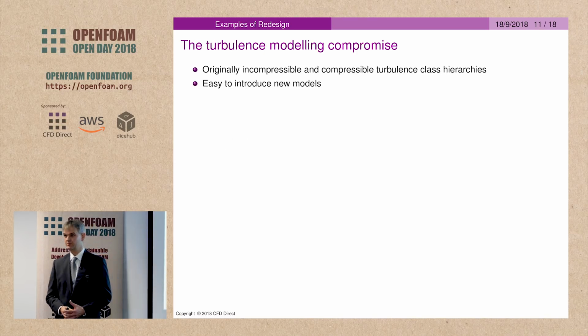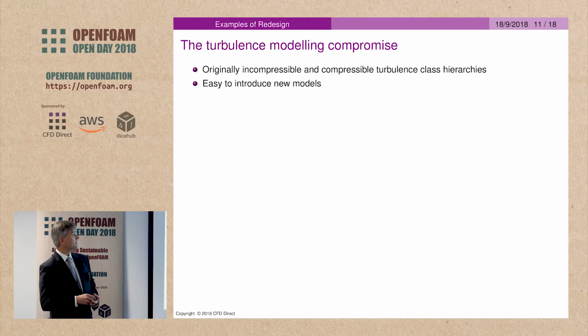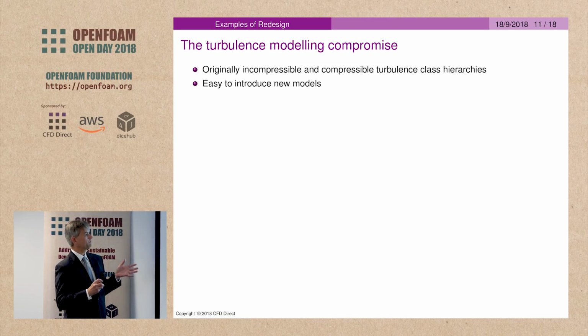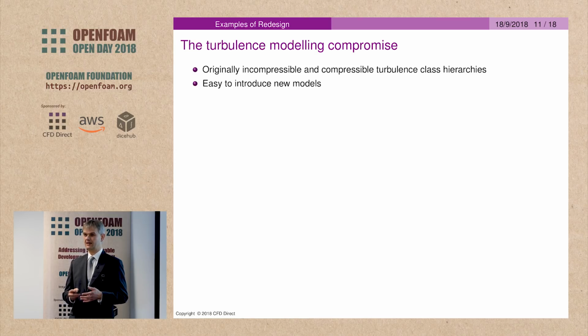I'll give a few examples of this process to illustrate the work that we've done and how effective it is. And a good example is something I did a while back. I want to go over it again now because on this one piece of major redesign, we've had a lot of time to use it, to feel, did we make good decisions? How does it now work for us?